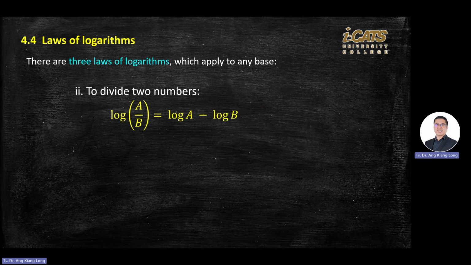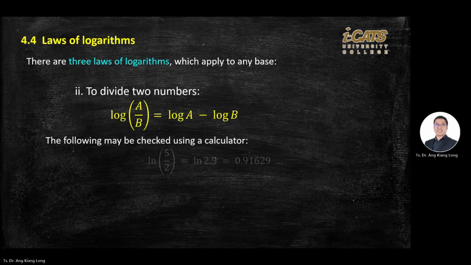If you have log A divided by B, start with log A first, then minus log B. Again, in a scientific or engineering question, sometimes you need to simplify the right hand side into the left hand side with the bracket, or break the left hand side into the right hand side to further answer the A parameter or B parameter.